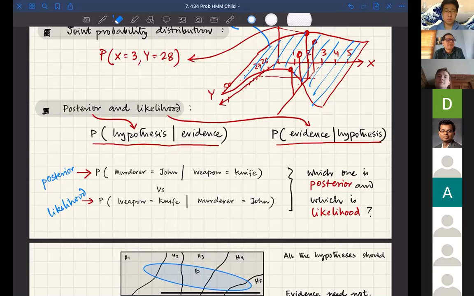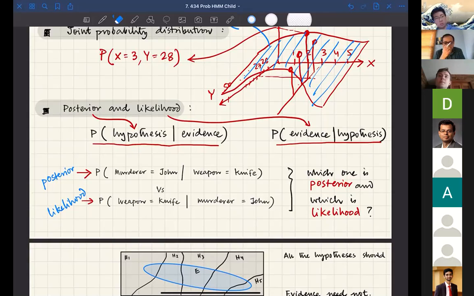So Lucas, any thoughts on when you can define something as hypothesis? I'm not really sure. Okay. Maybe something about how they depend on each other. Okay. Any other thoughts? Go ahead.